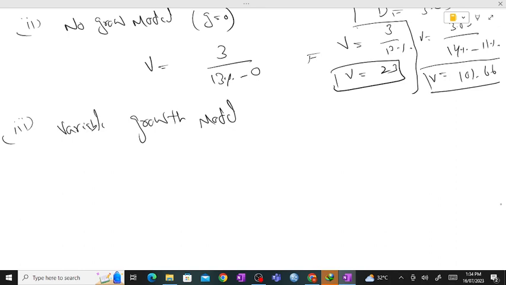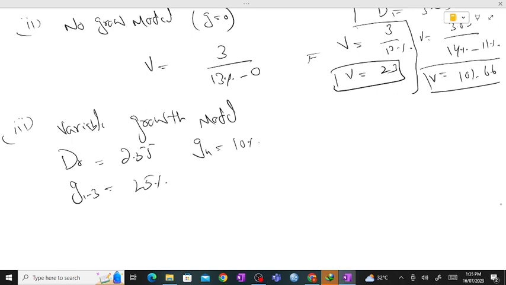Let's take an example. A company is offering a dividend of 2.55, and the growth rate for the first 3 years, G1 to 3, is 25%, and 10% for year 4.